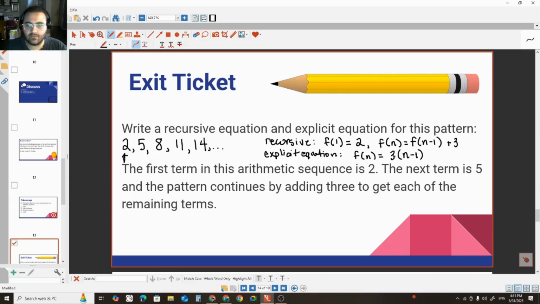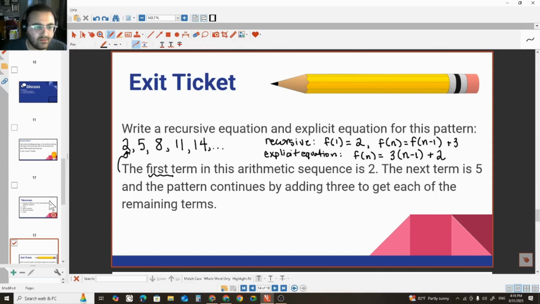So 3, the common difference, multiplied by n minus 1, and then we need to add our first term. If we had started with this as our n equals 0 term, then our explicit equation would be slightly different, but it would be equivalent. But since the problem says this is the first term, we can assume that we need to use n minus 1 for the first term.